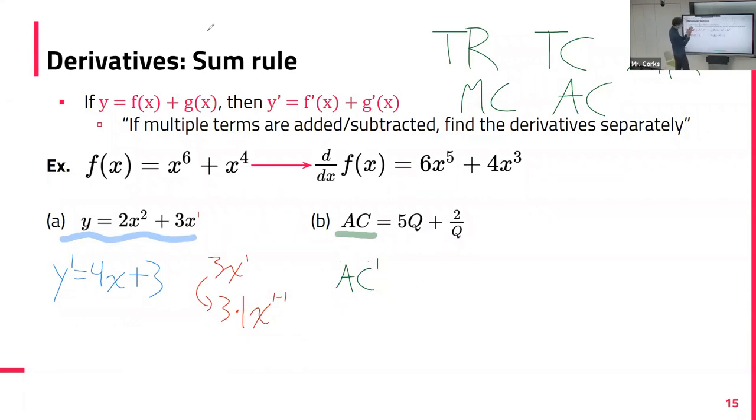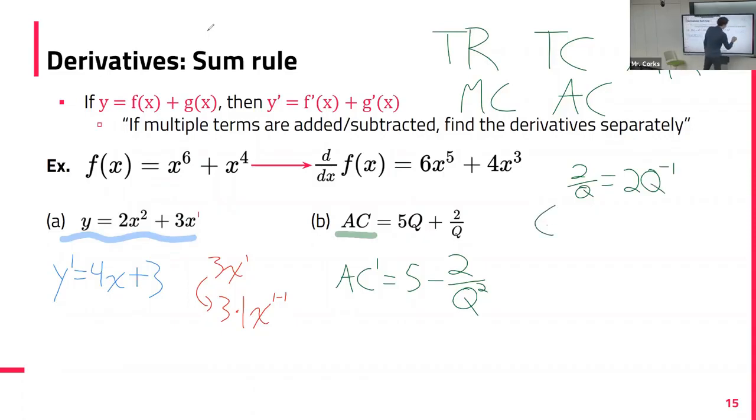Okay, so brackets are fine. I'm not going to put them in because I want you to remember and recognize that this is one concept here. So AC prime equals 5 plus or minus, what's on the top of the fraction? 4 or 2 over q squared. Okay, let's just take a moment and think about how we got that. So 2 over q, that's equal to 2q to the exponent -1.